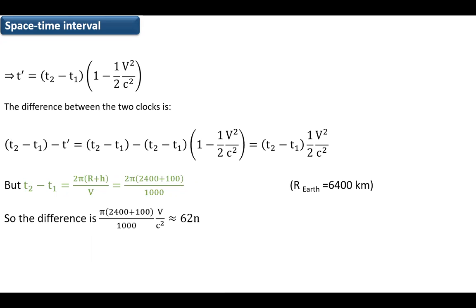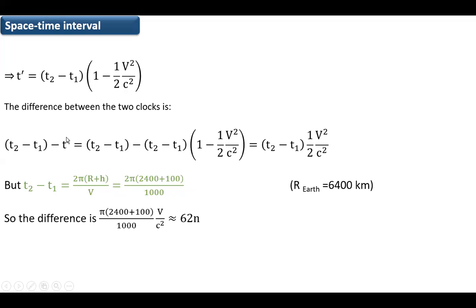So let us find the difference between the two clocks, the one on Earth and the one on the satellite. The difference is t2 minus t1, which is the difference of time on Earth of 1 revolution. We are seeing the difference of 1 revolution around the Earth. So the clock on Earth measures time t2 minus t1, and the clock on the satellite measures t prime, which means t prime 2 minus t prime 1.